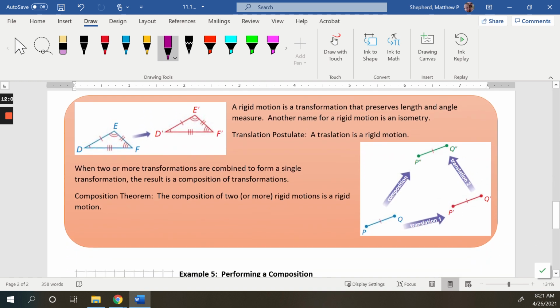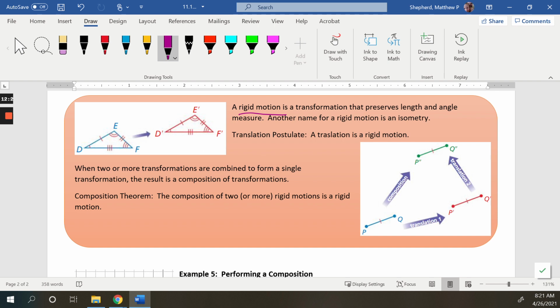All right, now let's talk about what a rigid motion is. A rigid motion is a transformation that's going to preserve the length and angle measure. So essentially, it's any way that you can move a figure that keeps the shape exactly the same. So all the sides are the same length, all the angles are the same angle.